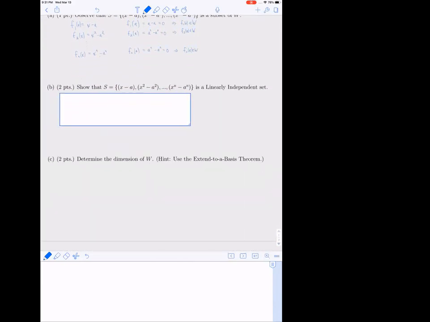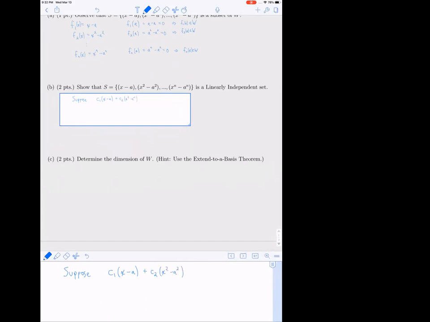The second part asks us to show that this set is linearly independent. So let's appeal directly to the definition of linear independence. Suppose we can write the 0 vector, in this case the 0 polynomial, as a linear combination of these objects, these vectors. In this case, the vectors are polynomials.